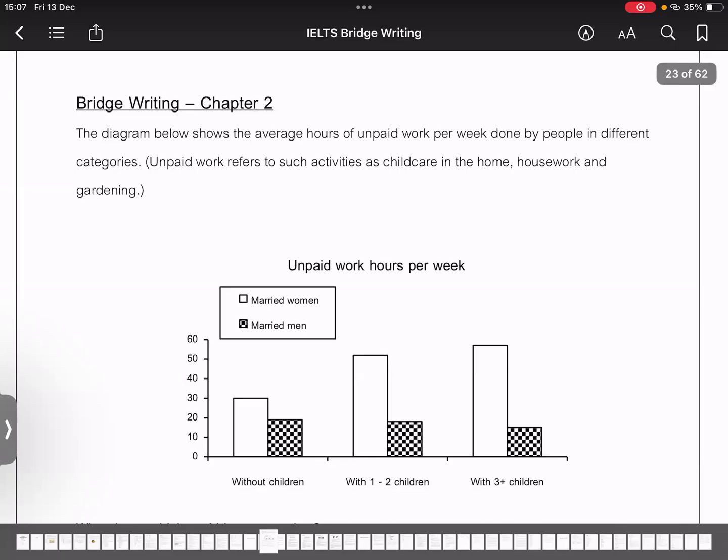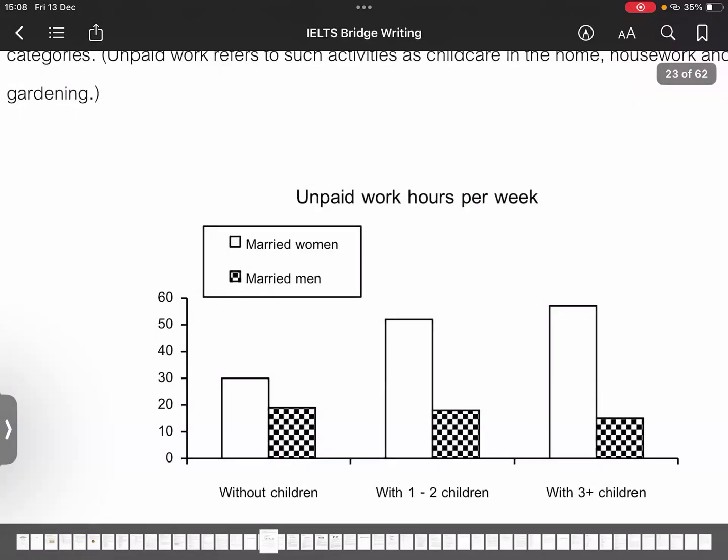Okay, now for those who have between 1 and 2 children, you look at married women, the number of hours just skyrocketed to 50 hours per week.